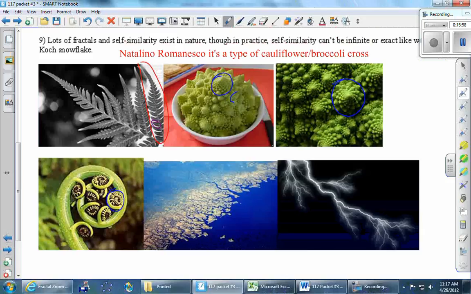The coastline. It won't look like a part of anything. This could be zoomed out, or we could be sitting right there on the beach, looking at the water coming in, and it looks kind of similar to how it looked from far away. And then finally, the last one, what is it? Lightning bolt. What if I didn't show you the whole thing, but just showed you that? You'd say, oh, that's a picture of a lightning bolt. And if I just showed you this piece, real bright, oh, look, that's a full lightning bolt.